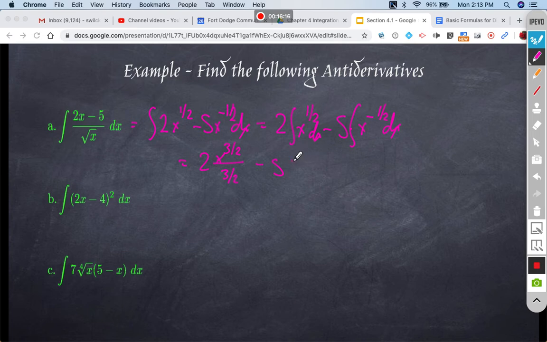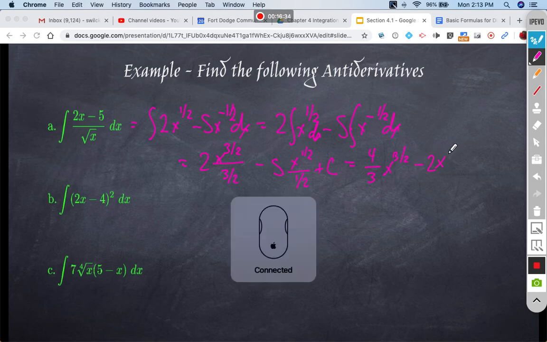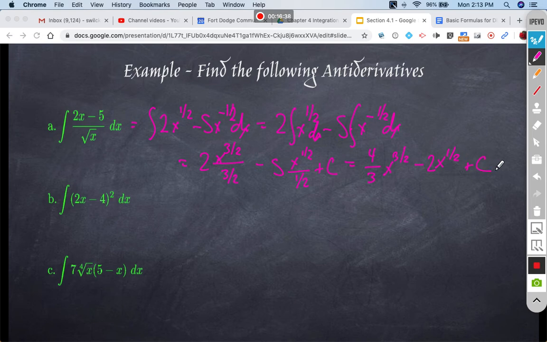Add 1 to the power, divide by our new power, add our constant. So that's going to be multiplied by 2/3, so 4/3 x to the 3/2 minus 2x to the 1/2 plus c.